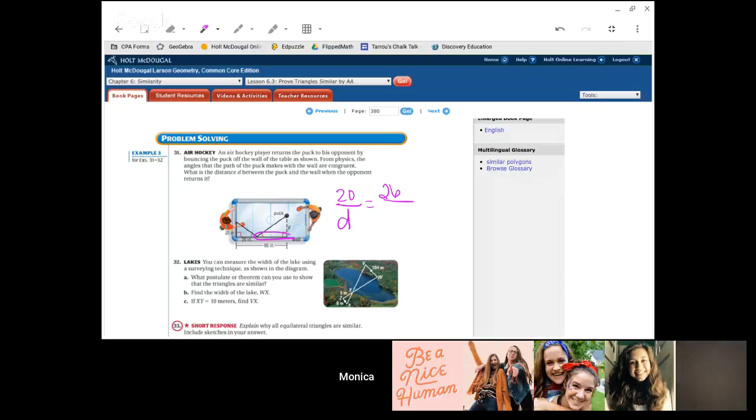Well, 26 is the distance for the small triangle, right? It's from here to here. We need to know what this part is. So if this whole thing is 66 and this little part of it is 26, what's this part? Yes.